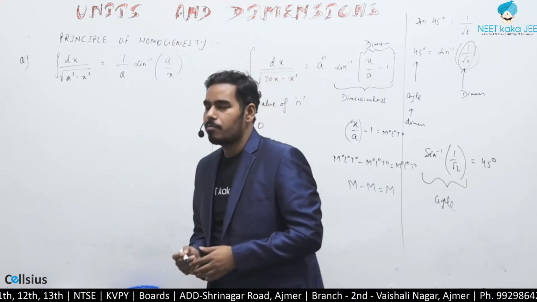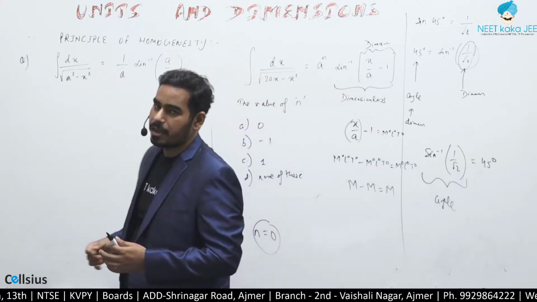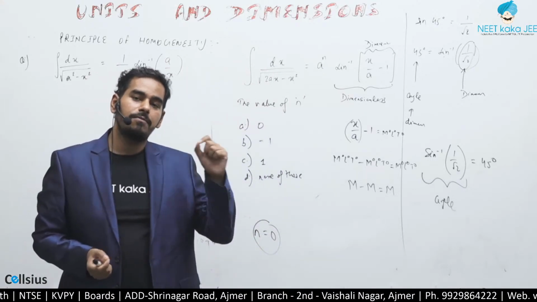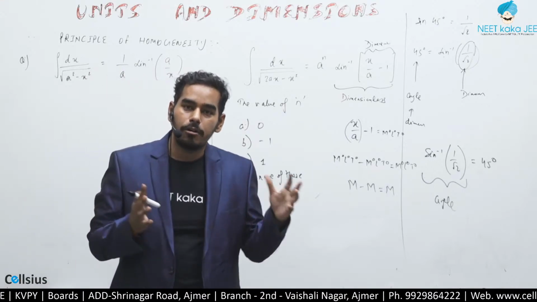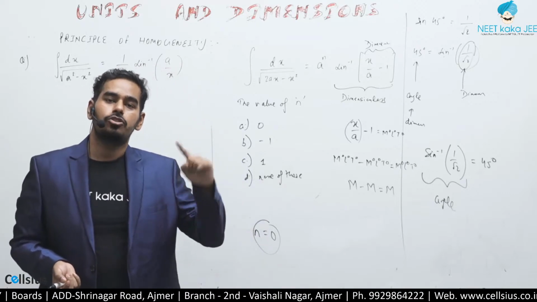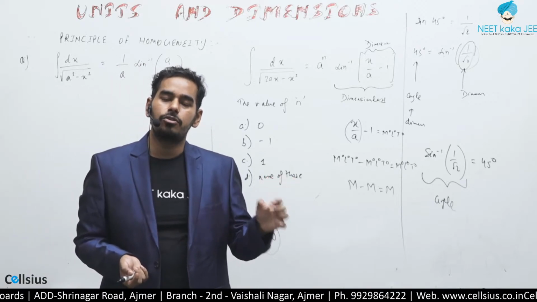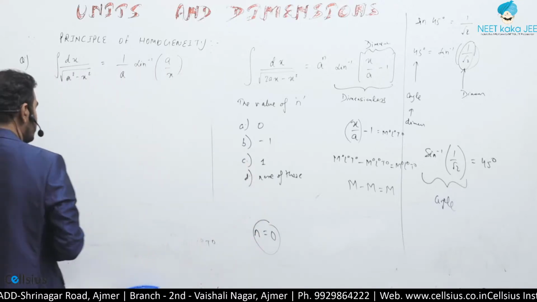If the formula is correct, it will be the same dimensionally on both sides of equal to. But remember that even if the formula is dimensionally the same on both sides, it does not mean that the formula is correct. However, if the formula has different dimensions on both sides of equal to, then for sure it is wrong. So let me check if it is correct dimensionally.